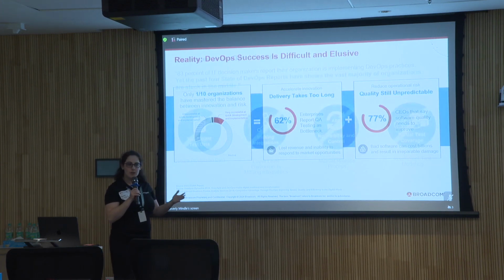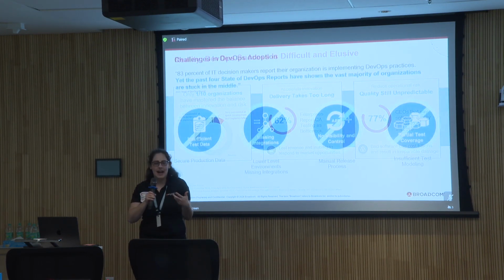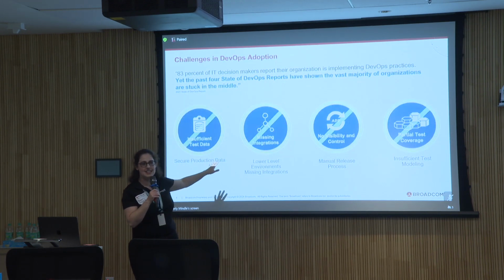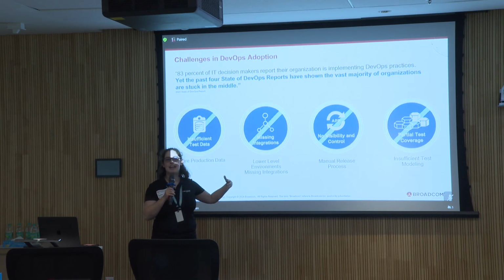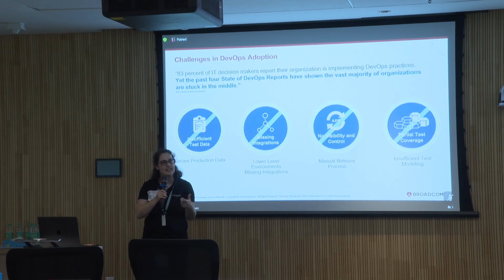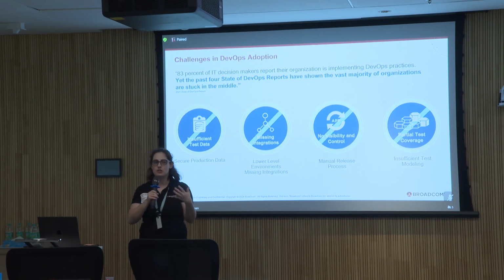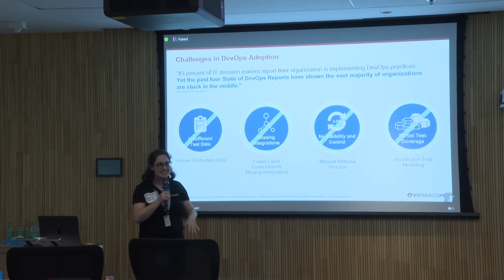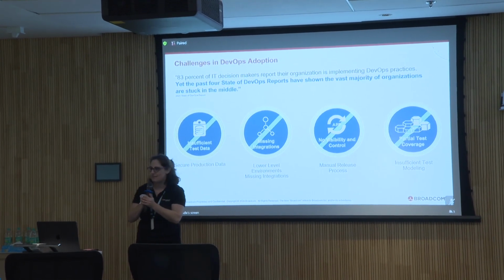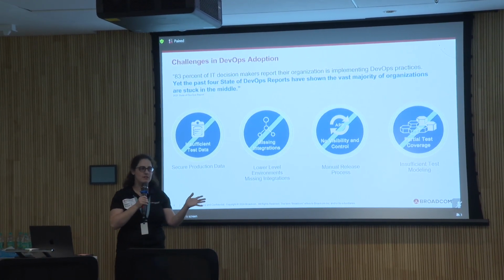Now, we do work with a lot of organizations, and based on what our offerings are, how we help organizations, we do see these as problems that they have and areas that we've been able to help our customers, right? The first having to do with getting the right type of data into your environment to be able to test your lower environment, but ensure that you're compliant with any sort of regulatory needs, that you're not introducing personally identifiable information, but that the data is robust across different heterogeneous systems.